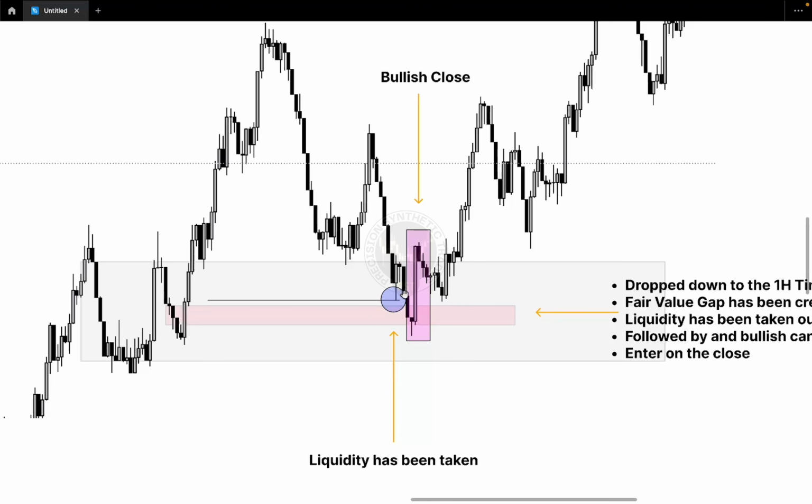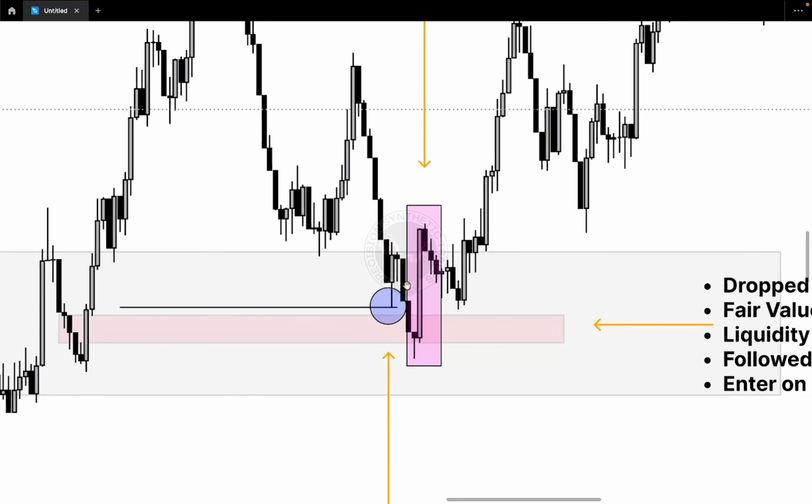Does this one close? No. This one doesn't close. But you see this bearish candle closes below this liquidity, and it tapped into a 1 hour fair value gap inside our 4 hour order block. So it closed below it. So now we need to wait for a bearish candle to form and engulf the candle that broke the liquidity.